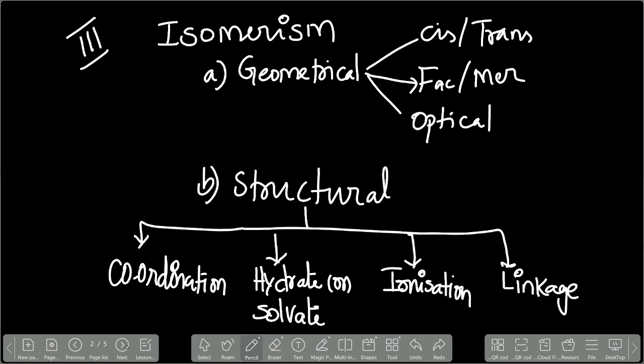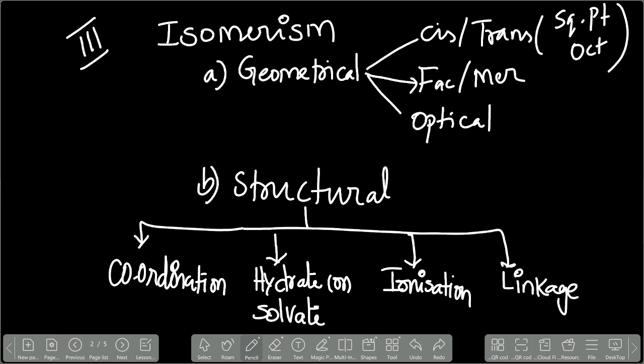So cis-trans or facial or meridional or optical isomerism, these four, right? So cis-trans means when ligands are placed at the same side it is called cis. Opposite side means trans. Cis and trans are only applicable for square planar and octahedral. It is not applicable for tetrahedral.